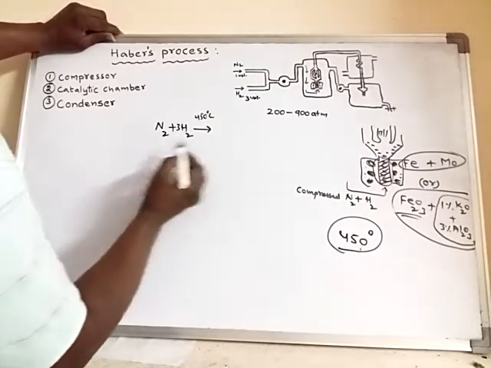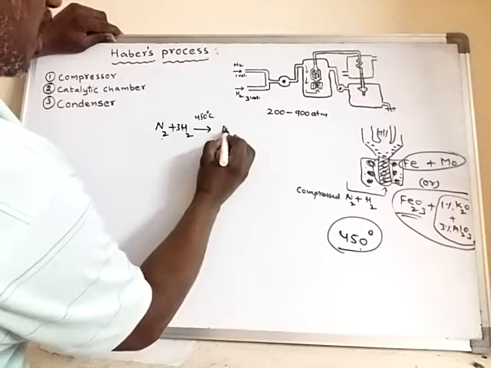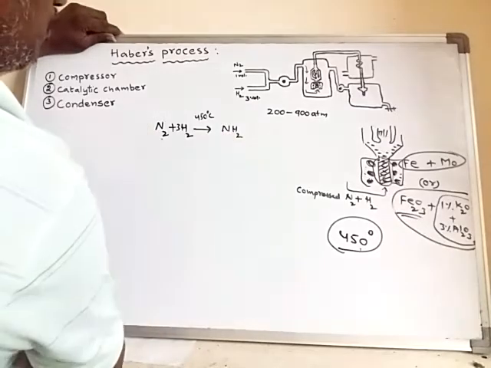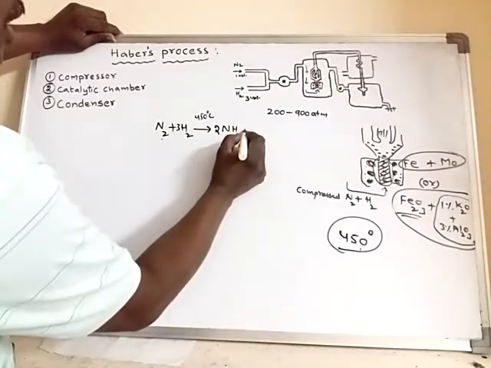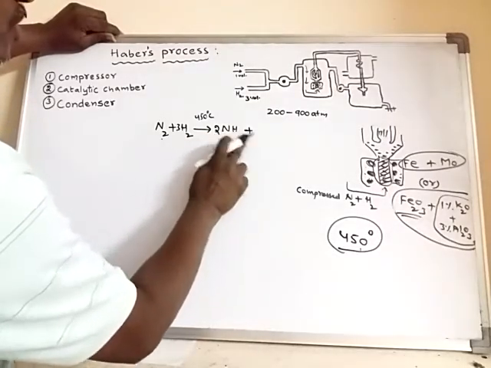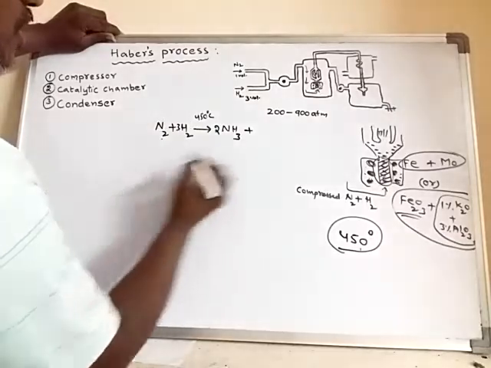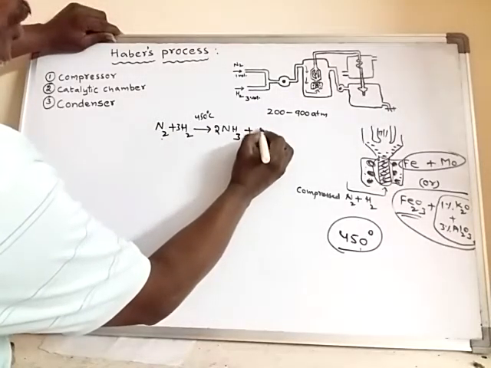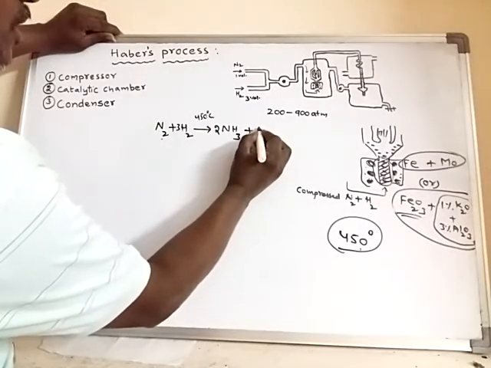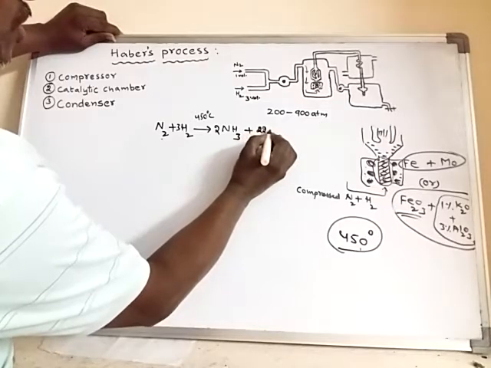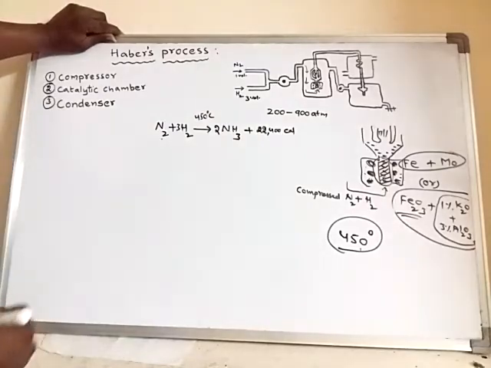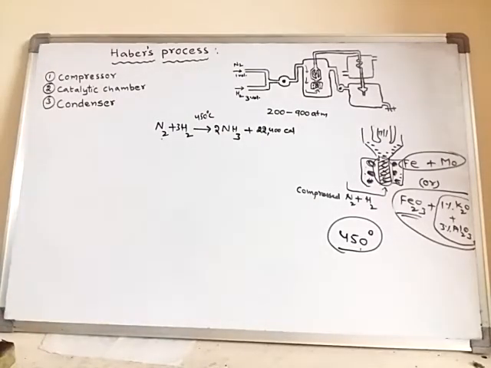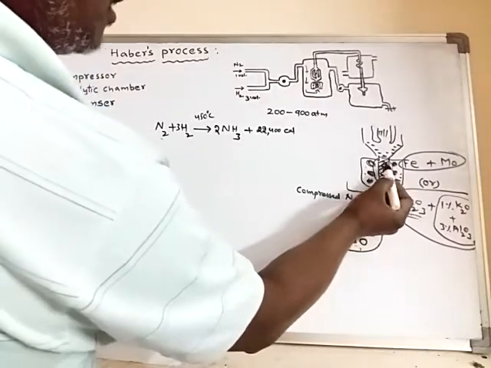Reaction takes place between them, and finally ammonia gas forms. Along with the formation of ammonia, a large amount of heat is liberated, around 22,400 calories.